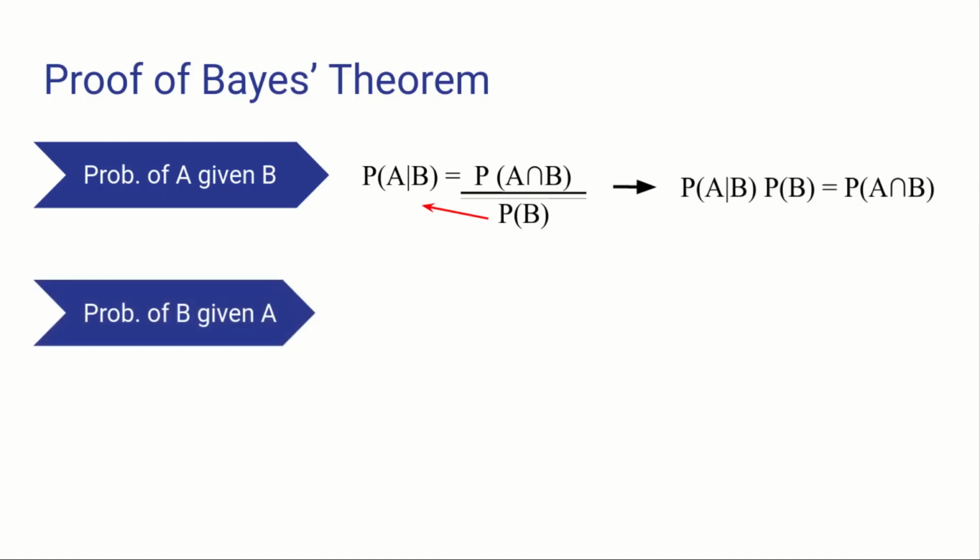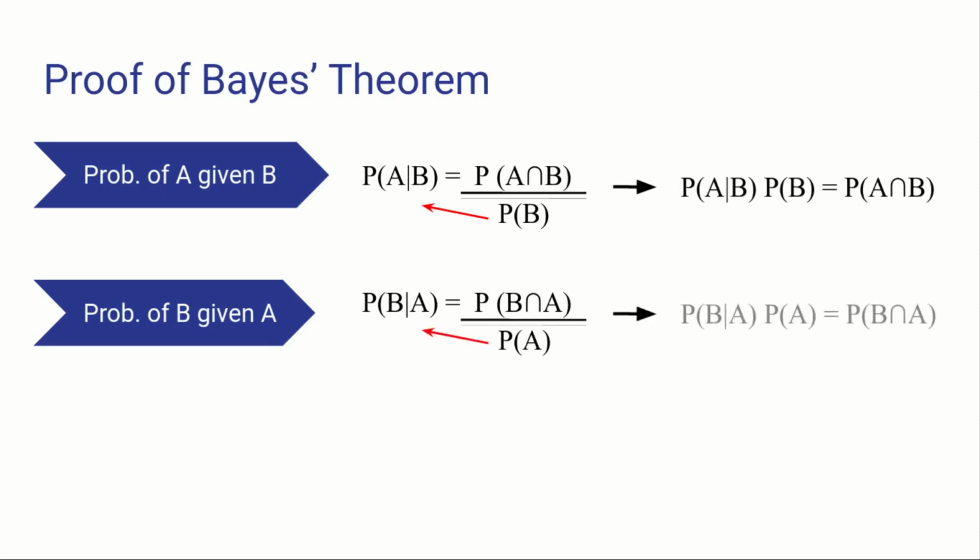If we use the same formula to calculate the probability of B given A, just inverting the order of A and B, and we pass the denominator multiplying, we will arrive at this. So it's important to know that the probability of A intersected with B is the same thing as the probability of B intersected with A.